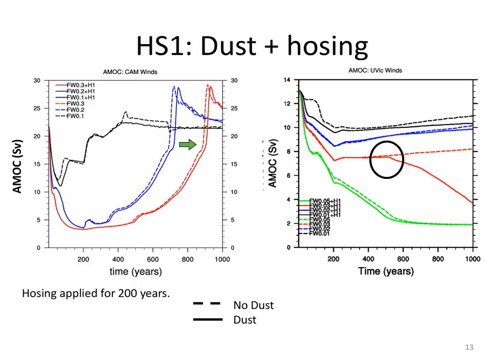And comparing dust and no dust sources, the dust are the solid lines, and we see that dust can delay the recovery of the AMOC for a couple of decades, but not very different, especially in the CAM winds.